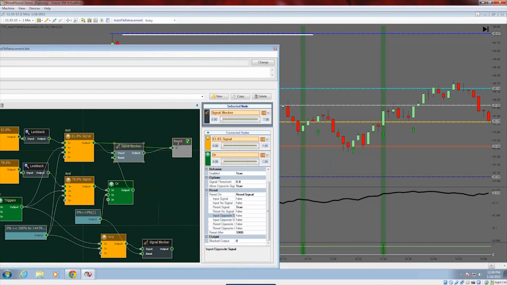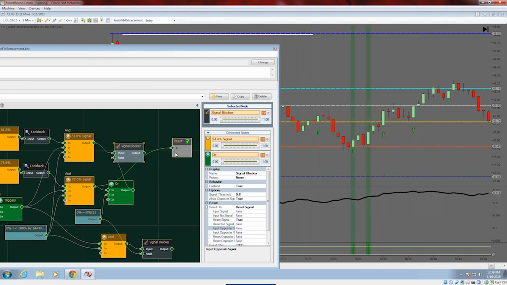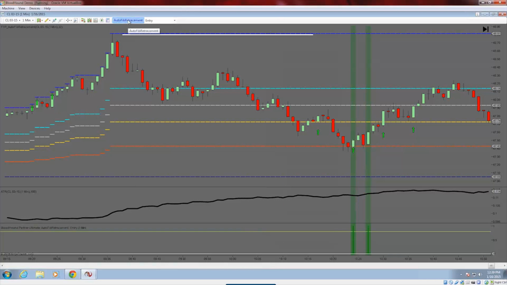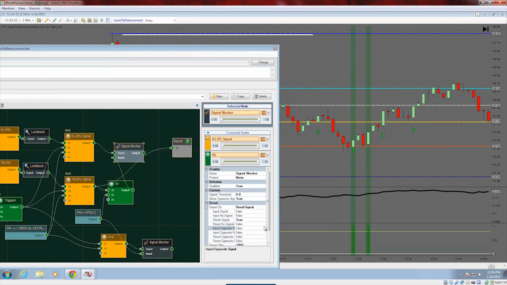So we have the 78.6. We're blocking until we get that signal right there. Let me set that output. Blocked output of 0.5.